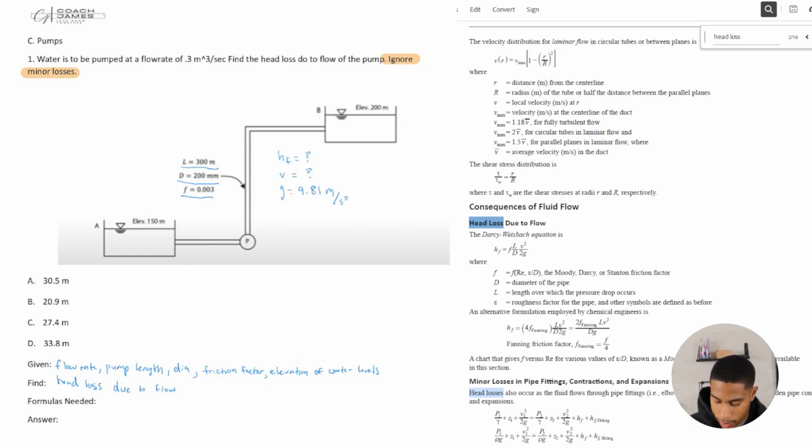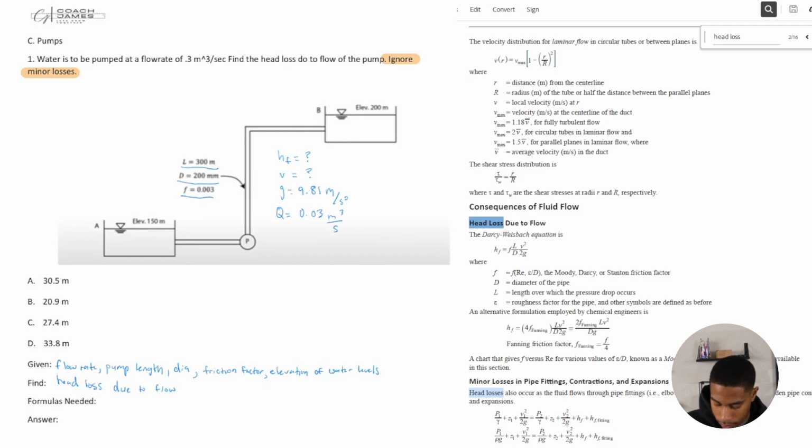So can we get V from the information that we're given? We have Q, which is 0.03 meters cubed per second.